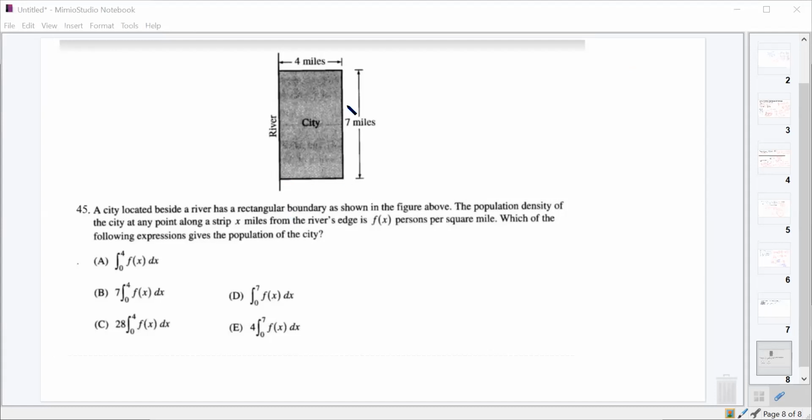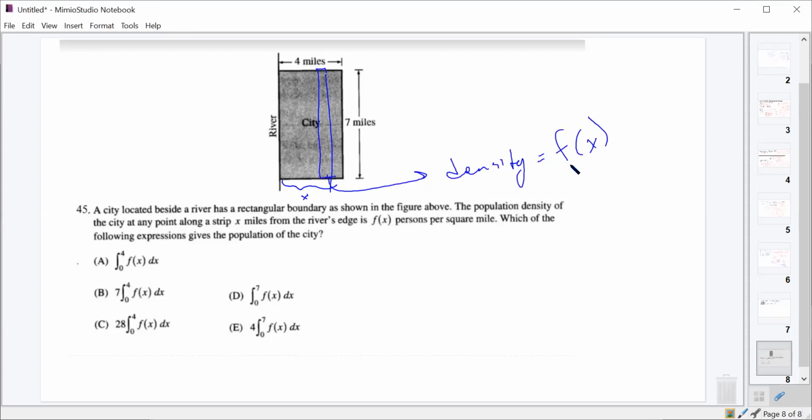We know the population density of the city at any point along a strip that is x miles from the river's edge. So this is our x direction here. A strip of land, a really narrow, thin strip, has a density of f of x. So the density is related to how far away we are from the river's edge.